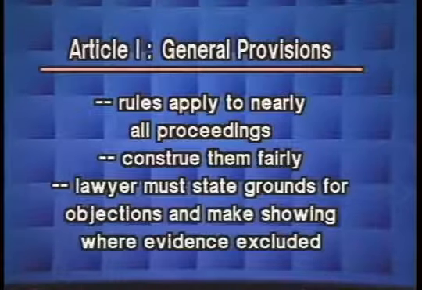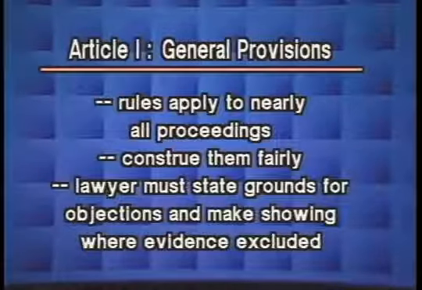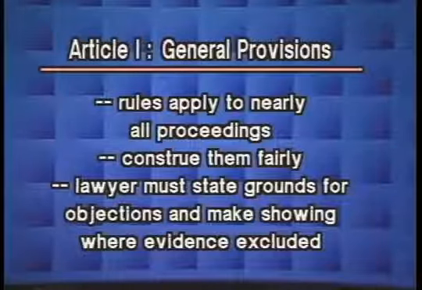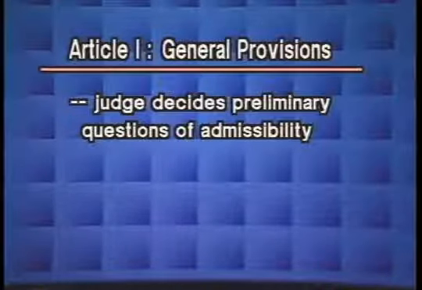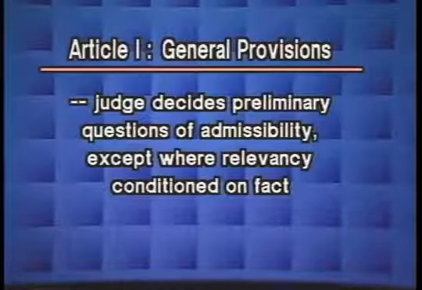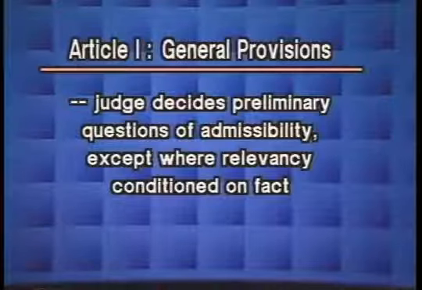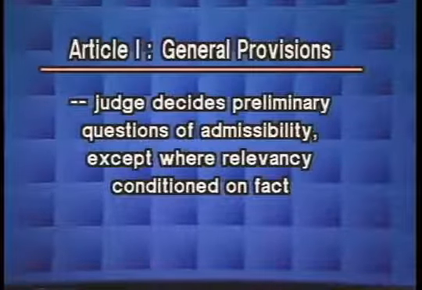You've learned that the lawyer ought to state his grounds for objections and ought to make a showing where you are ruling in a fashion to exclude evidence. You have learned that you, the judge, decide preliminary questions of admissibility, except in that rare instance where the relevancy is conditioned upon the existence of a fact.